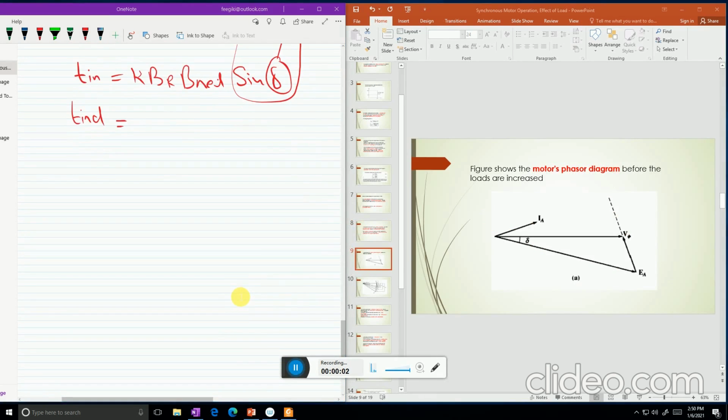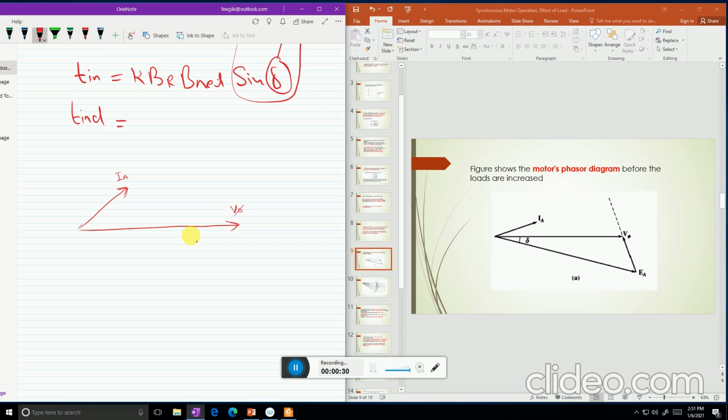This figure shows the motor phasor diagram before the load is increased. In the normal case, at no load, when the motor is running, its phasor diagram is this. At no load, synchronous motors normally run with leading current.